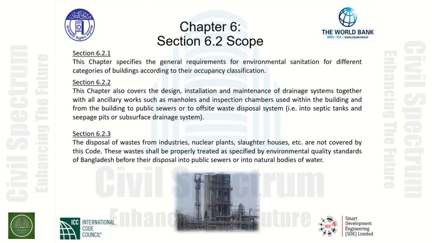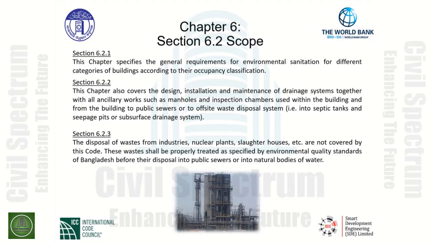It tells us in the beginning of the code that this chapter contains general requirements for environmental sanitation for different types of buildings that we will look at according to their occupancy classification.